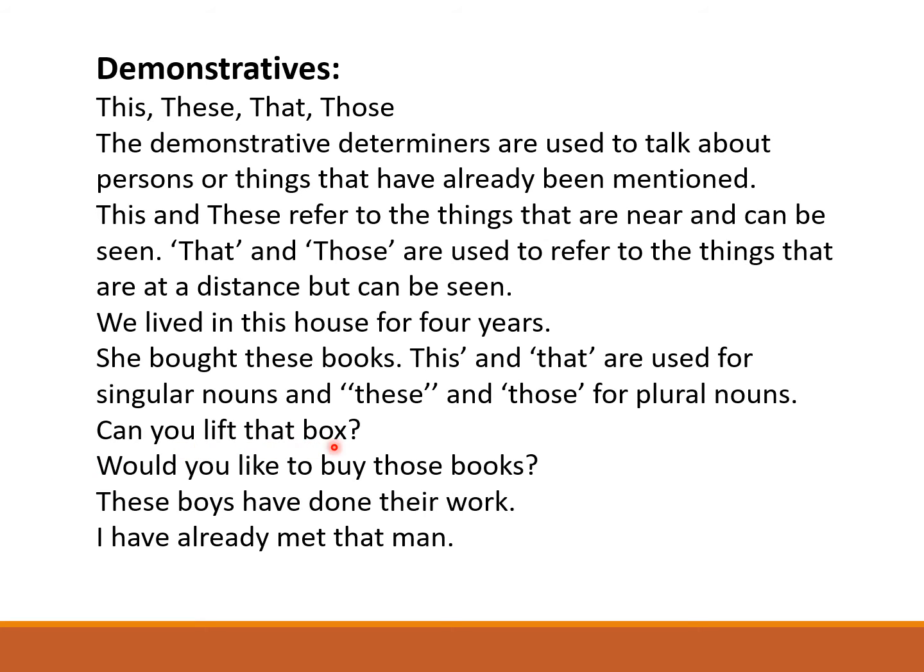"Can you lift that box?" "Would you like to buy those books?" "These boys have done their work." "I have already met that man." Here that, those, these and that again. So these are all demonstrative determiners.